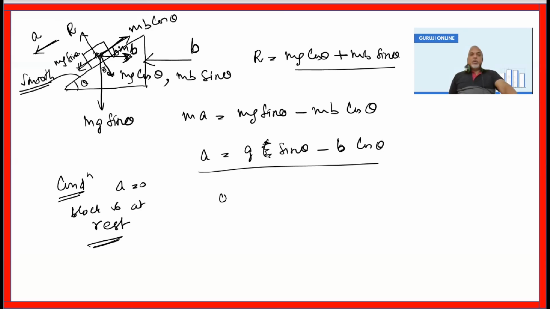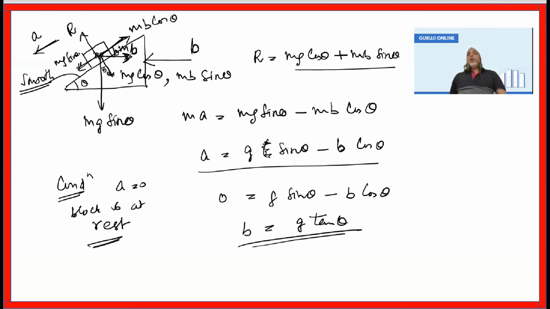So this we can find out like this: b will be nothing but g tan theta. So if we move the inclined plane with an acceleration g tan theta, then the block M, which is resting on this, will remain at rest. It will not move.